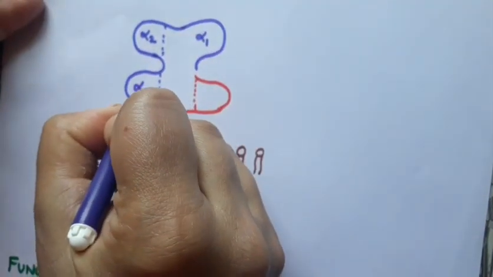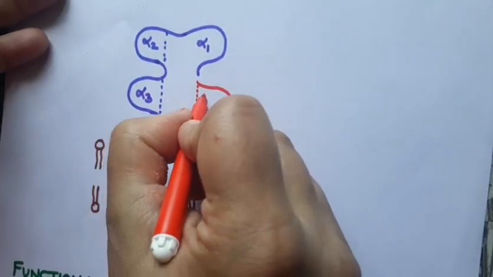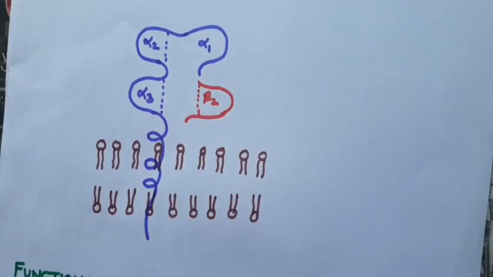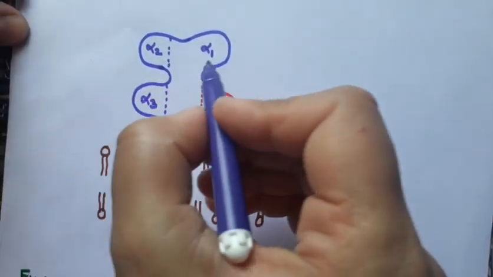This is alpha 1, this is alpha 2 and alpha 3, and this is beta 2. Now let's discuss it in detail.